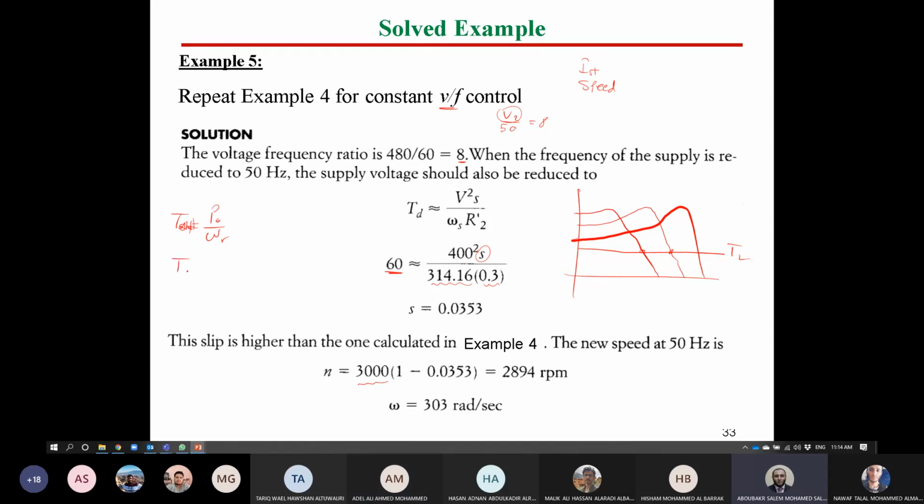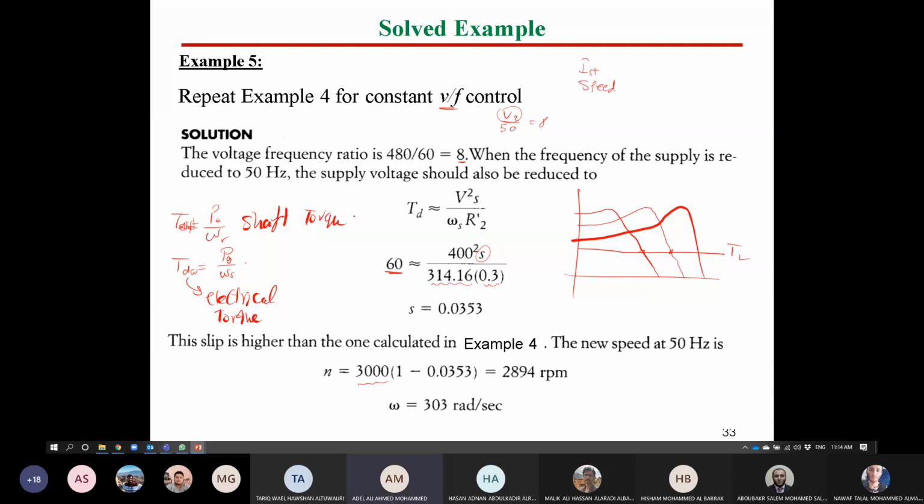However, torque developed, which is the electrical torque, equals P gap over omega s. And this T D is the torque developed, the electrical torque. But this is the shaft torque.